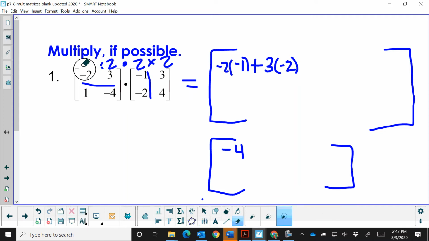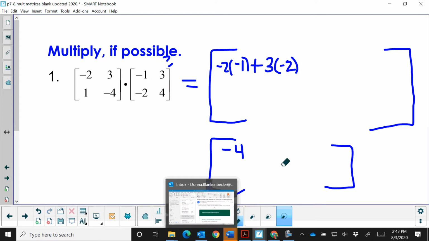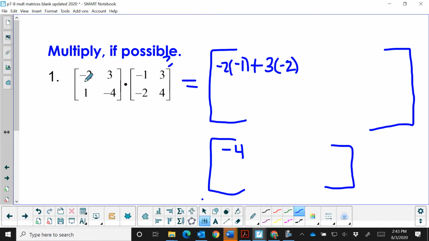Now let's go to the top row again. Top row, second column. Well, that's going to be over here, my top row second column. So let's multiply -2 times +3 this time.